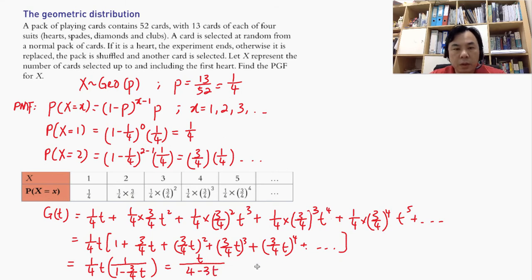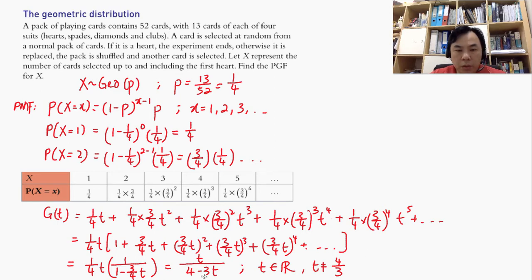Okay, now given that, of course, maybe we can make a remark here, given that t should not be equal to 4 over 3. It could be any real number except this. So let me write a better remark here. So t would be all real numbers except 4 over 3 here, right?